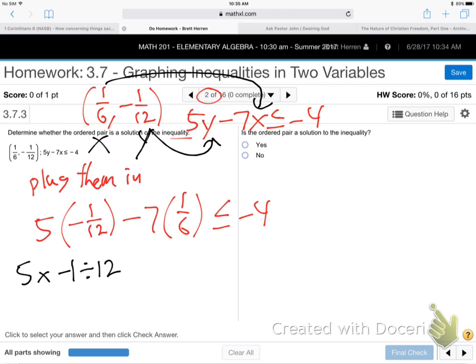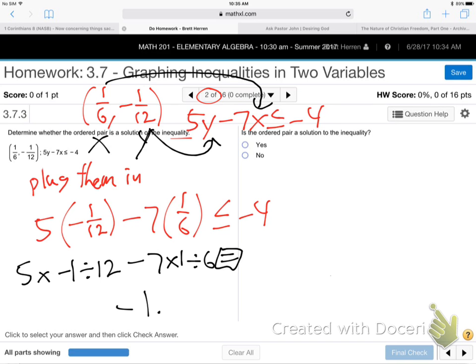A fraction just means divide, right? So 5 times -1 divided by 12 minus 7 times 1 divided by 6. Then just hit equals, or enter, on your calculator and see what you get. It's going to be like minus 1.6 or 7 or something.